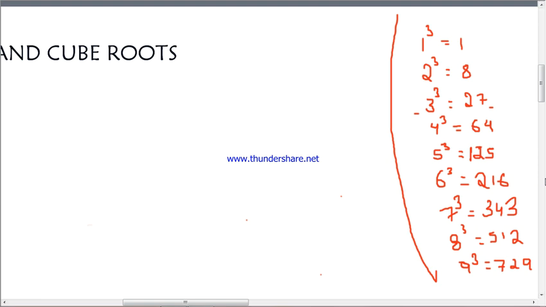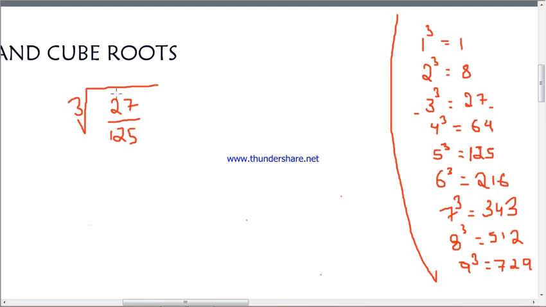In the case of fractions, they are asking: what is the cube root of 27 divided by 125? Now in the question nothing is mentioned. They are just saying find the cube root. They're not saying by prime factorization.